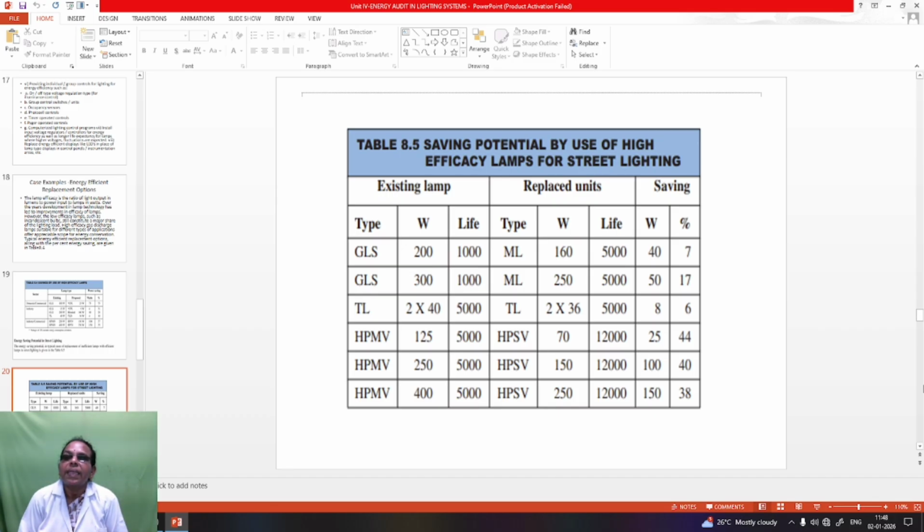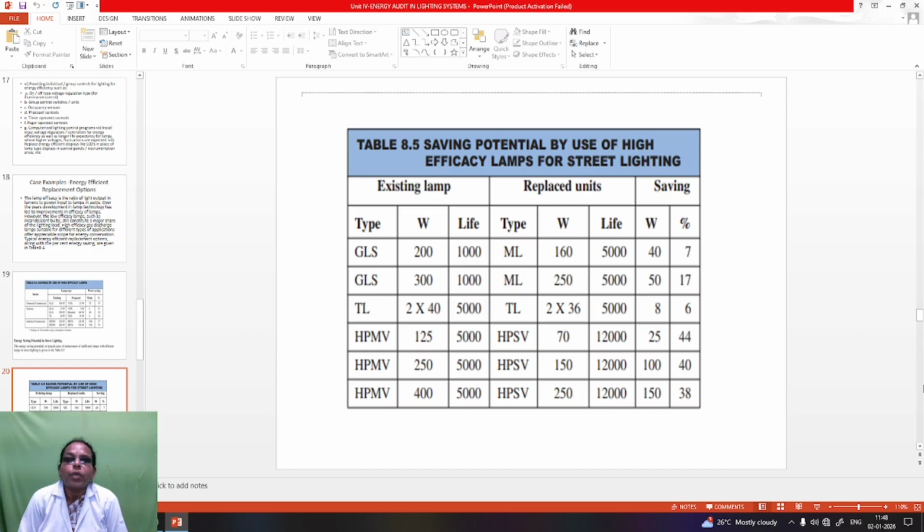Saving is 40 watt, that is 7%. Then GLS 300 watt, lifetime 1000 hours, is replaced by ML 250 watt, lifetime 5000 hours. Saving is 50 watt, that is 17%.